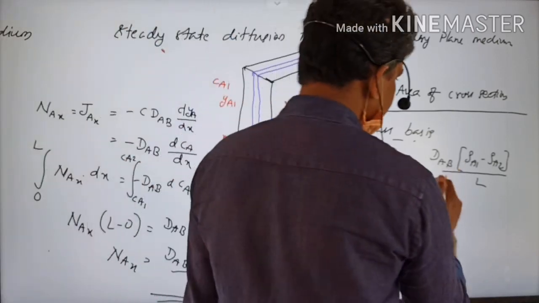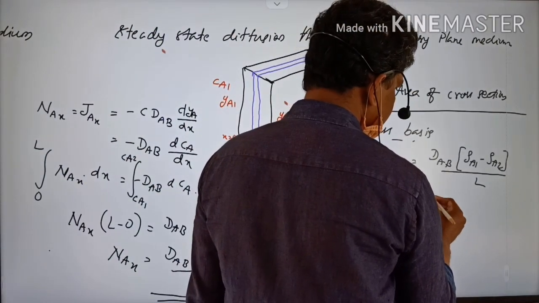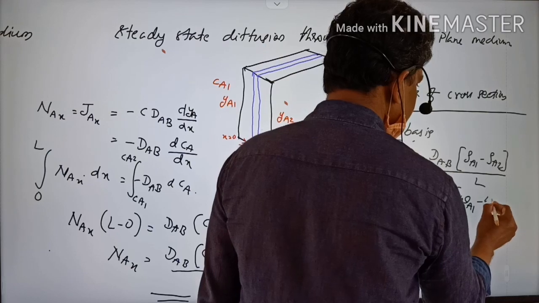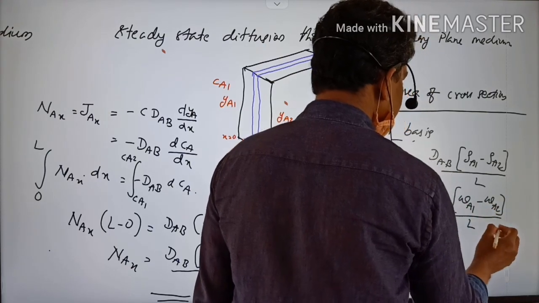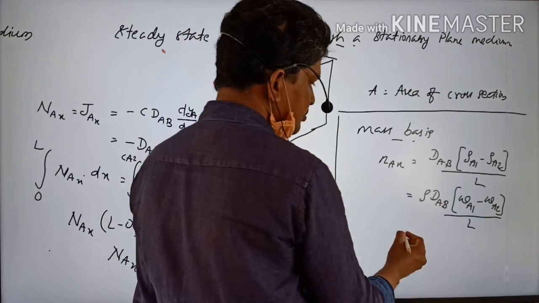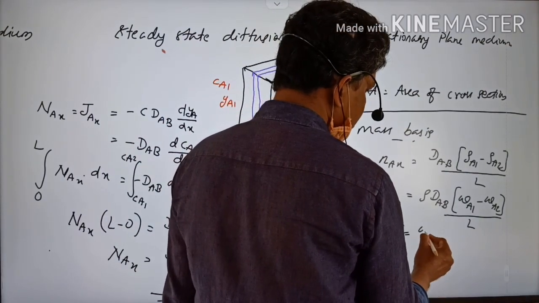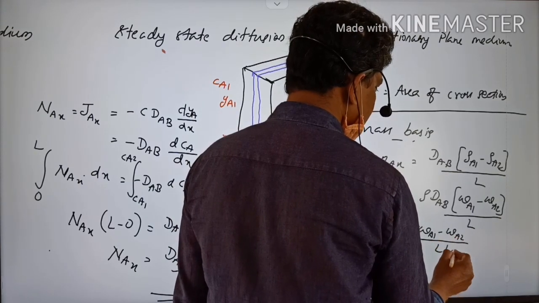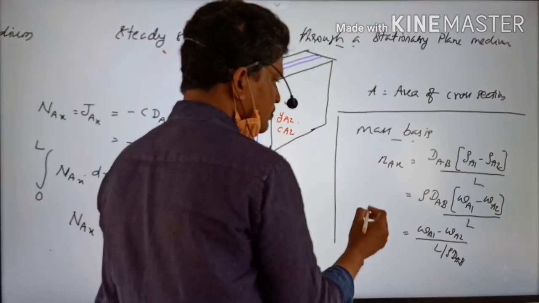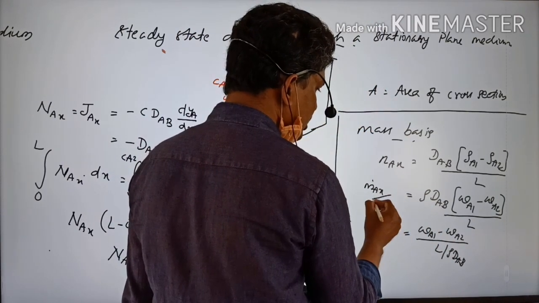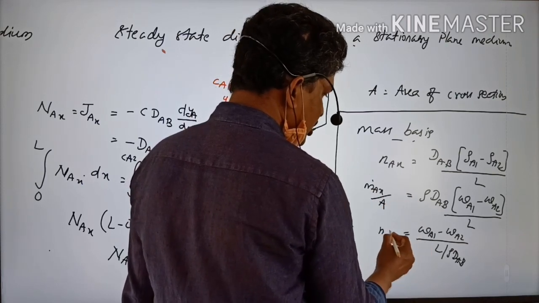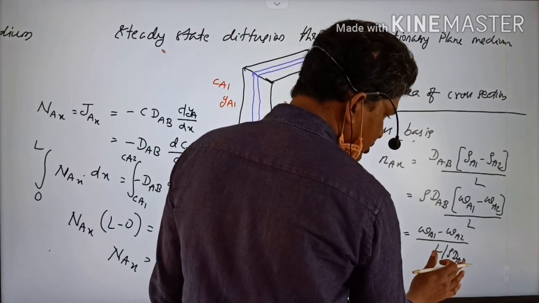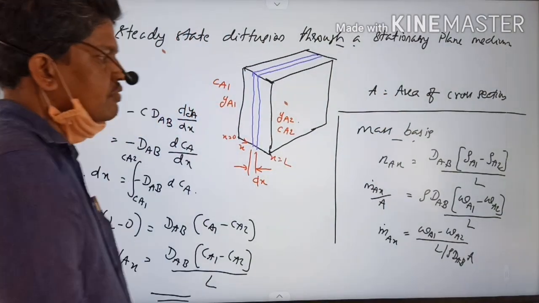Or it can be expressed in terms of WA, that is rho into dAB into WA1 minus WA2 by L. If it's a mass flux, with Nax equal to MAX by A, then you will get MAX equal to WA1 minus WA2 by L by rho dAB A, where A is the area of cross section.